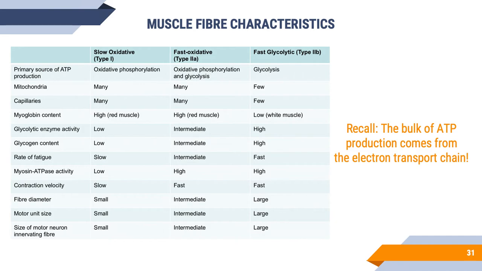These fast oxidative fibers have a lot of mitochondria, meaning that they can promote fat mobilization as well, or fat utilization. When we think about our fast glycolytic type 2B fibers, we're thinking about fewer mitochondria and predominantly producing energy through glycogen breakdown and glycolytic pathways.